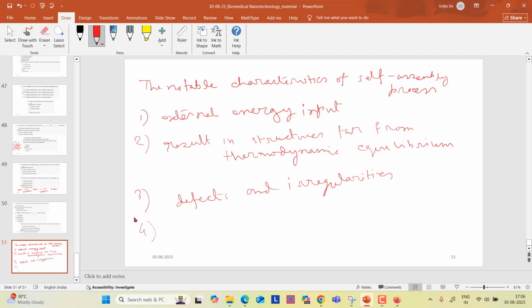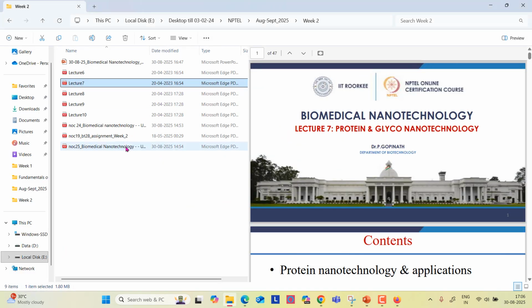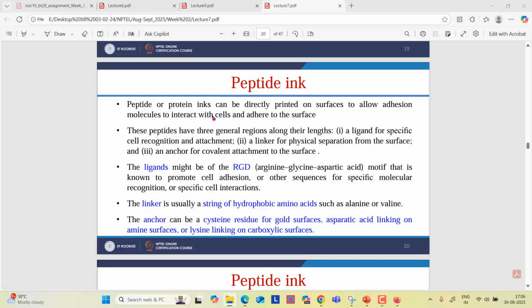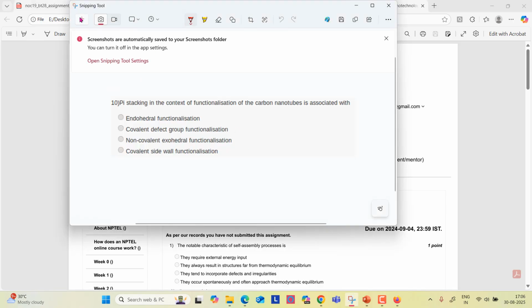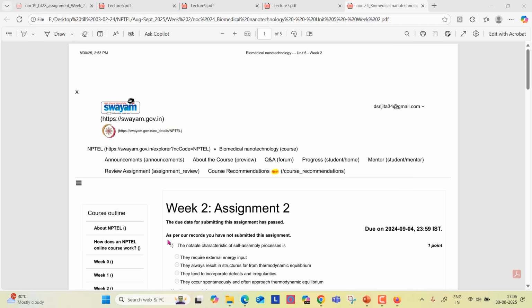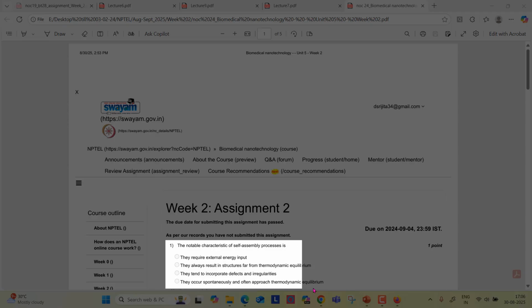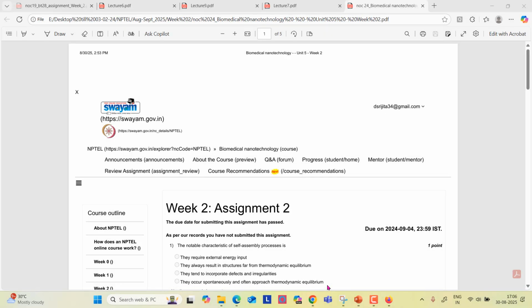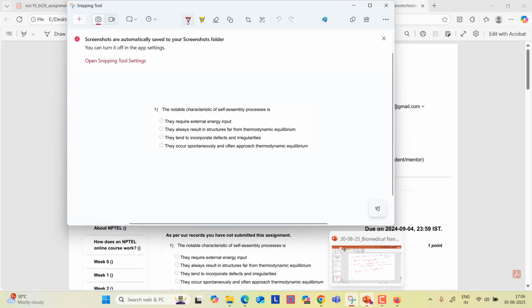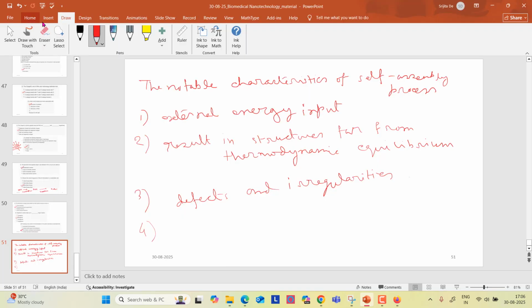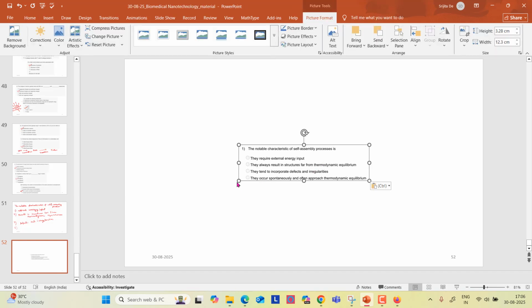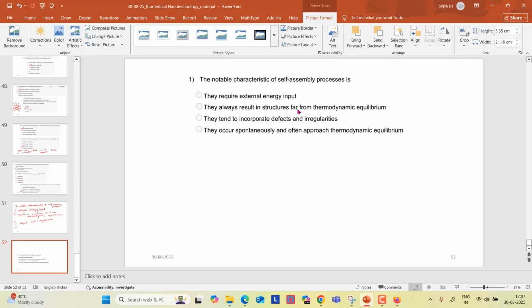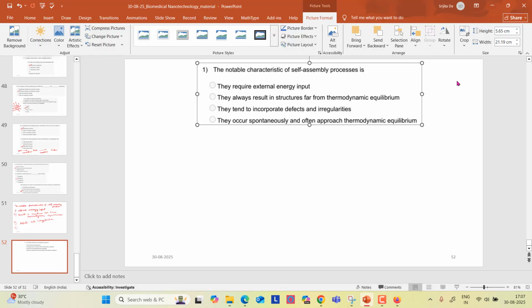Right, so it's better to bring up the question. Suppose this is your question: the notable characteristic of self-assembly.